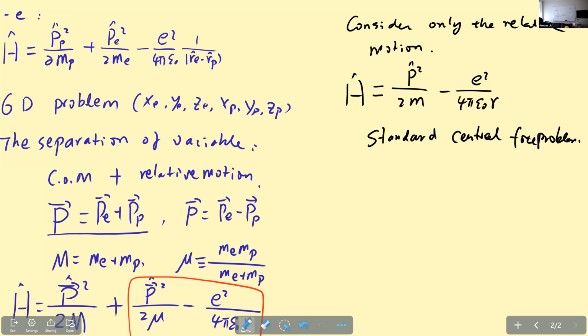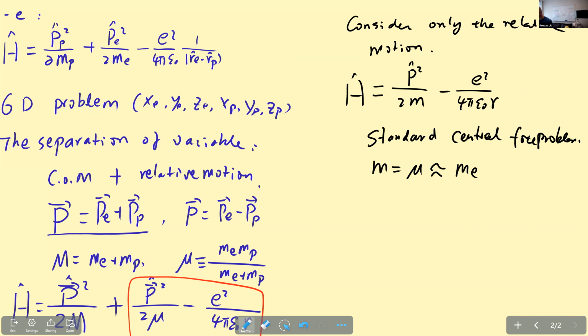Right, and of course this m actually should be mu. Of course, if you take the mass of the proton much greater than the electron, and take this effect into account, this becomes roughly just the mass of the electron, right? Okay.